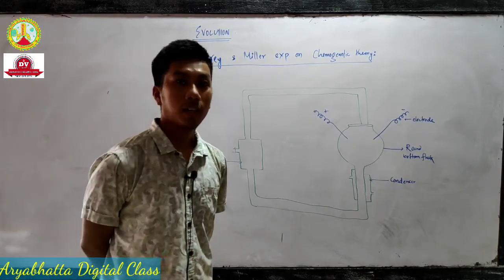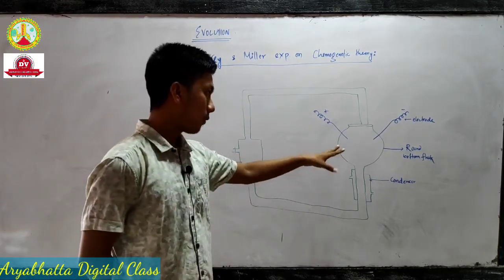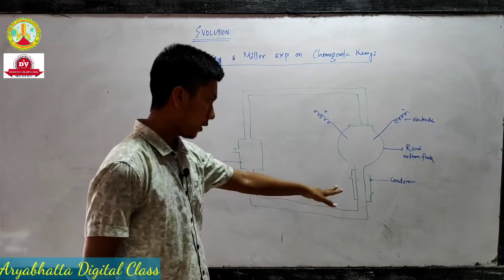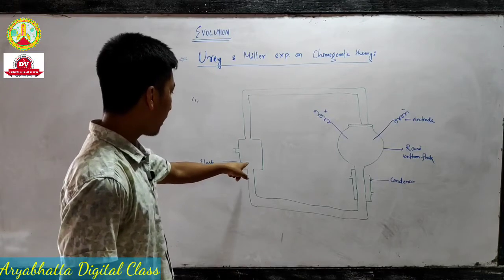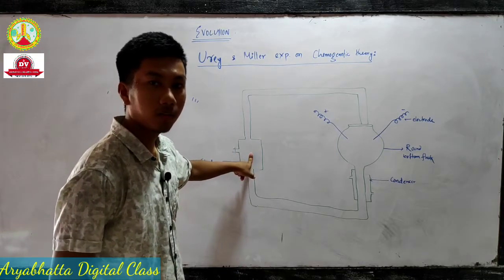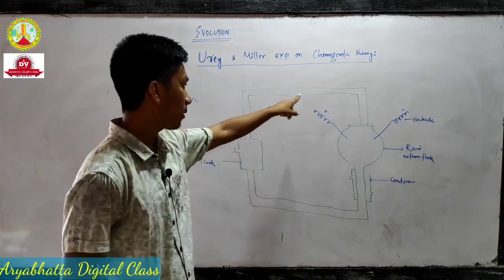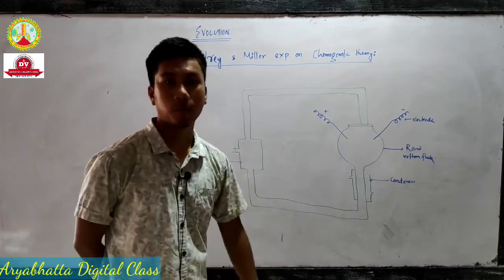So they took an experimental setup, a round bottom flask which is connected with a tube. The tube has a condenser with it. Then this tube has a flask connected, and that same tube comes back to the same round bottom flask.